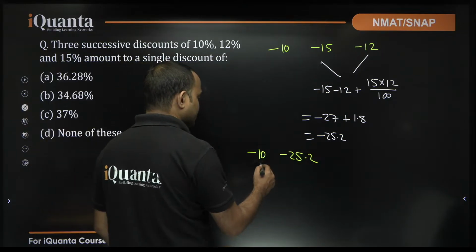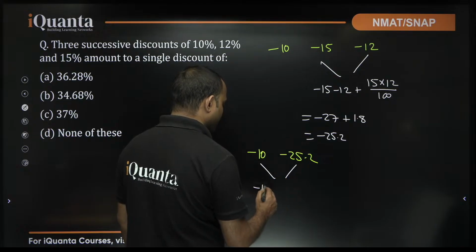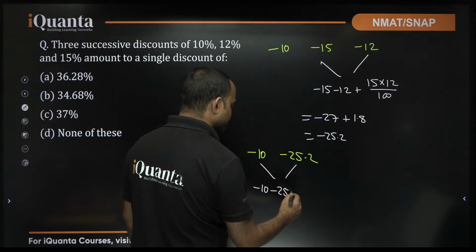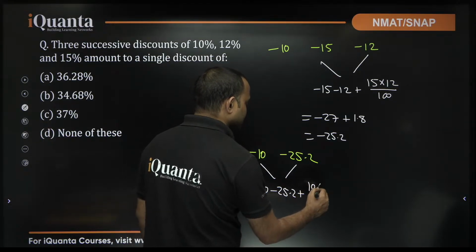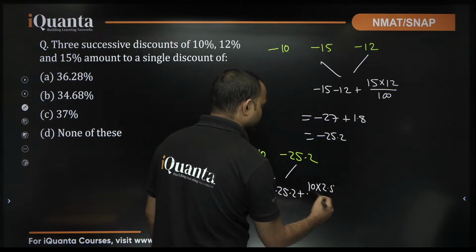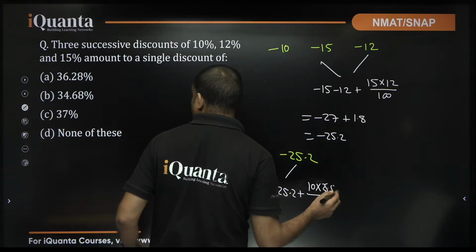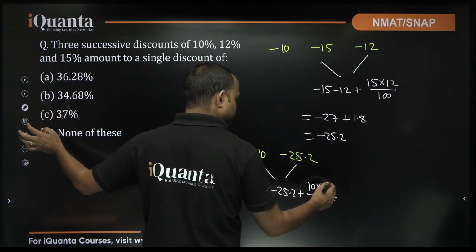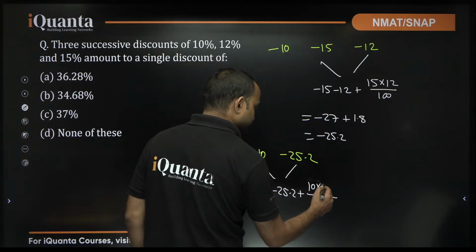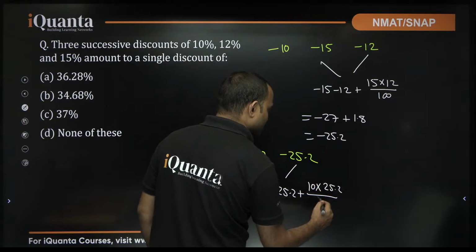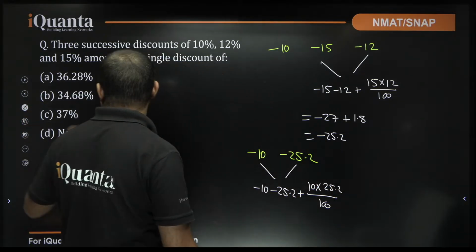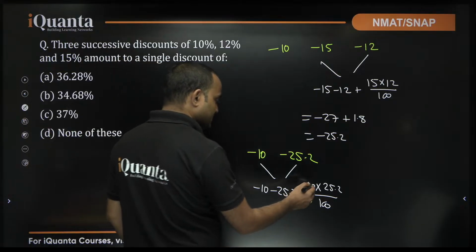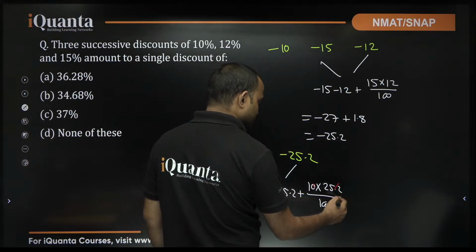Now take the successive of these two, minus 10, minus 25.2. If I take the successive of these two, minus 10, minus 25.2 plus 10 into 25.2 upon 100, right? So, this we can cancel out easily by 10, remove the decimal.